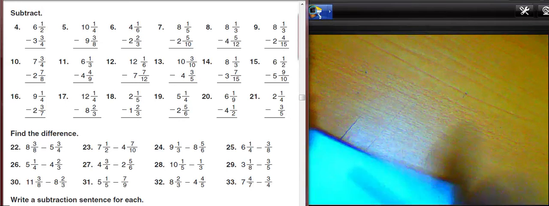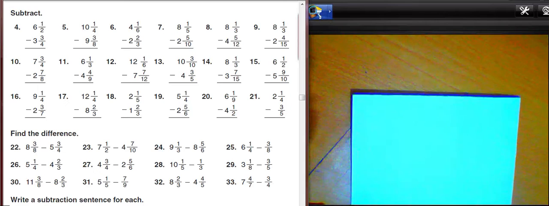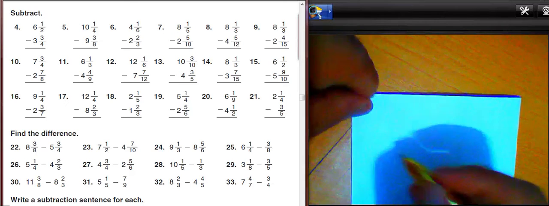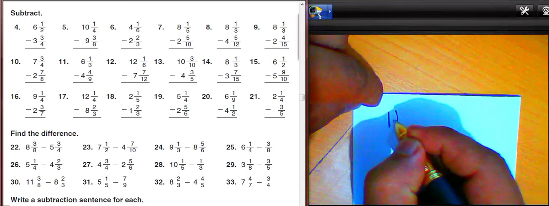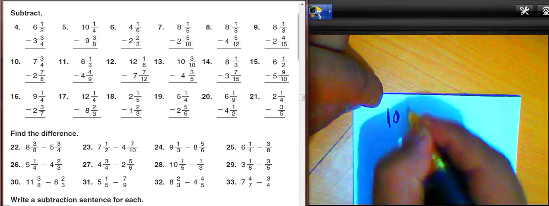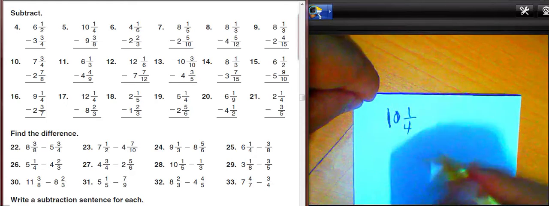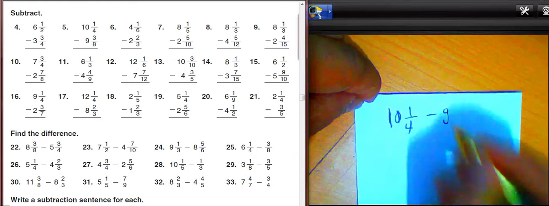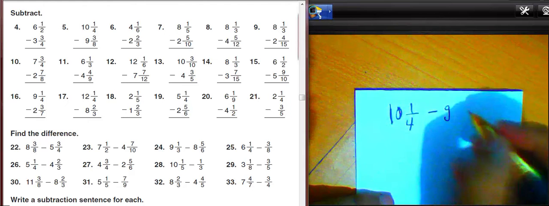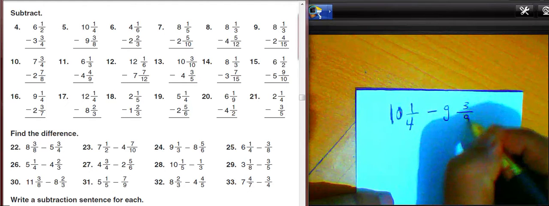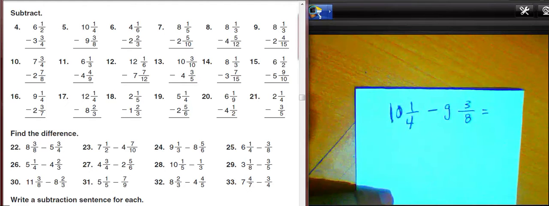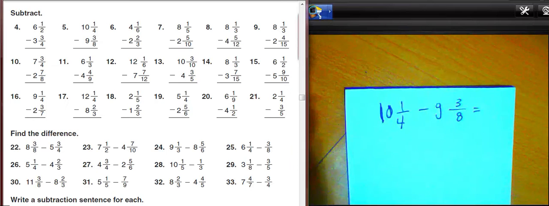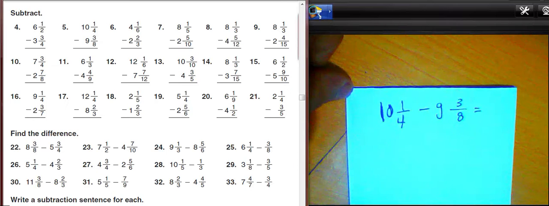Another example, look at this example number 5. 10 and a quarter, subtract 9 and 3 over 8. We have a problem like question number 4.